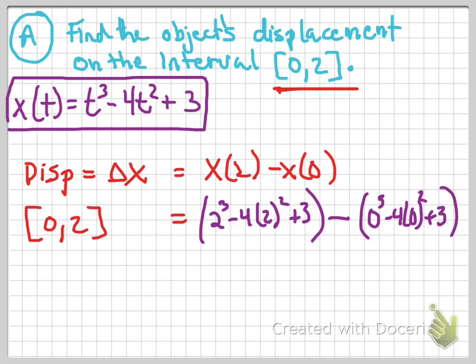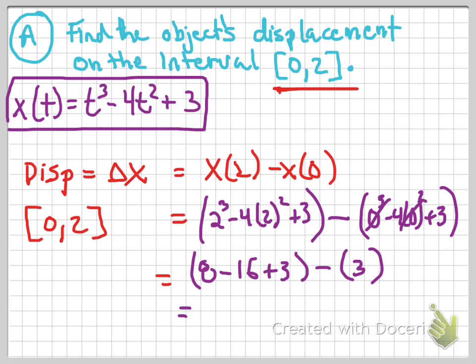And then all we have to do is clean up all this work. This one's not too bad to clean up because the zeros are going to cancel. We have 2 times 2 times 2, which is 8, minus 4 times 4, which is 16, plus 3 minus 3. And we can clean this up and we end up getting negative 8 as our answer.